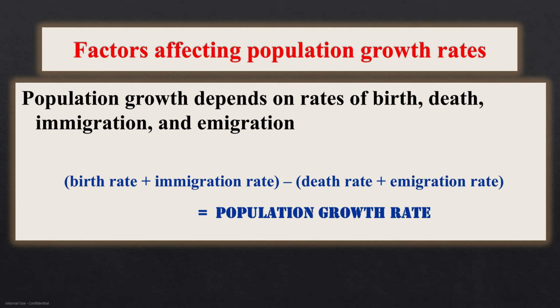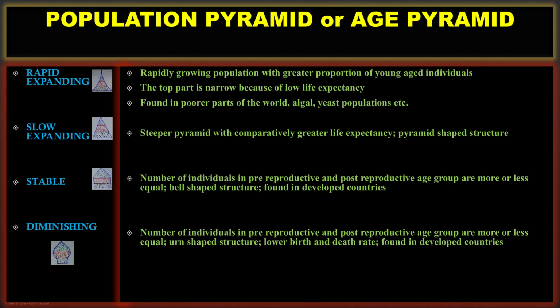So, actual growth rate is what? The sum of birth rate and immigration rate minus the sum of death rate and emigration rate.